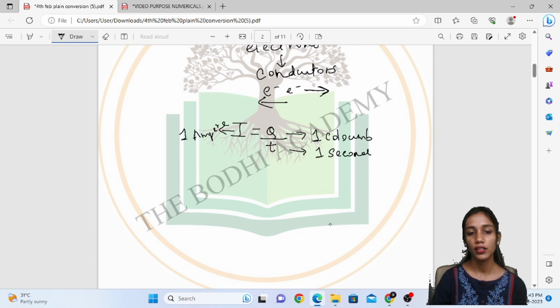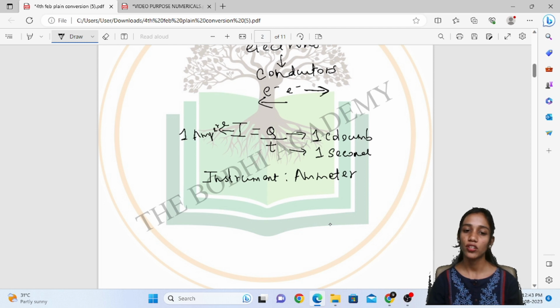The instrument used to measure electric current is the ammeter. Ammeter measures the electric current flowing through a circuit or through a conductor in amperes, and it is connected in series connection with the electrical components.